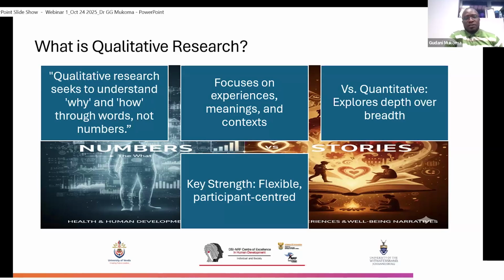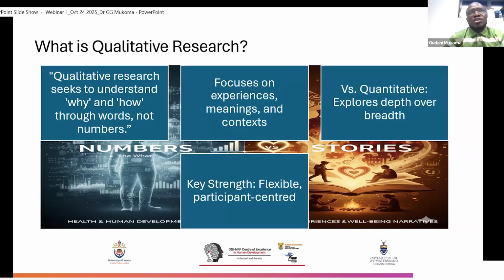It really is instrumental. The other part of it is that, while we talk of these issues that are affecting individuals, it is also very flexible because it's much more participant centered. When we say it's flexible, we mean that you are able to bring in insights on things that we as researchers probably didn't think should be of concern.